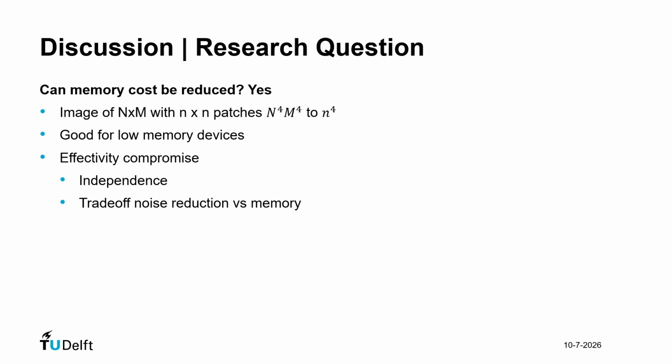Yet it also relies on the independence of different patches, which can reduce the effectiveness in the denoising, since this is utilized in the original method, and therefore there exists some trade-off between noise reduction and memory.